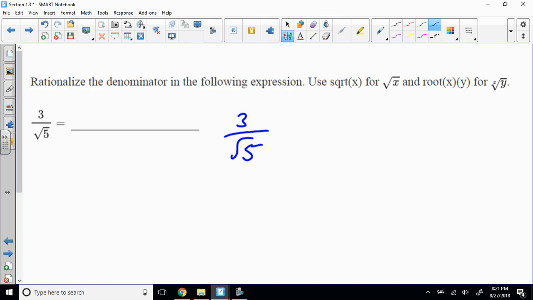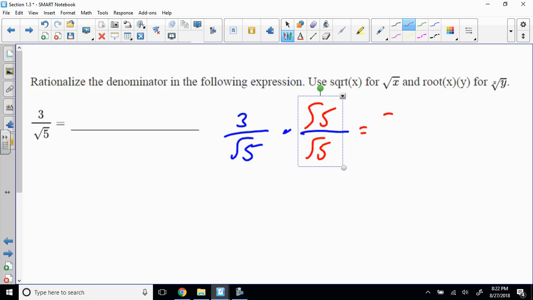Squares are kind of crazy in this sense, because once we have it, we just multiply it by itself, and life is great. But when you get to the third root or the fourth root of something, then you have to think about what I need to multiply it by to get a perfect cube or a perfect fourth degree number. So just think about that.